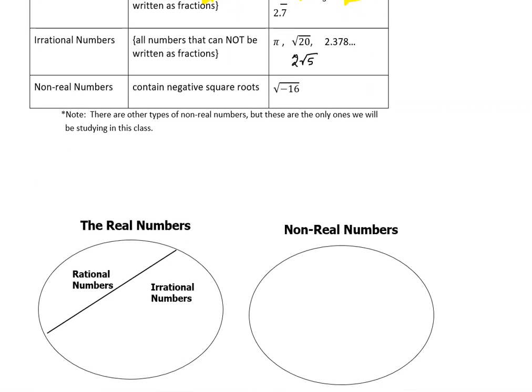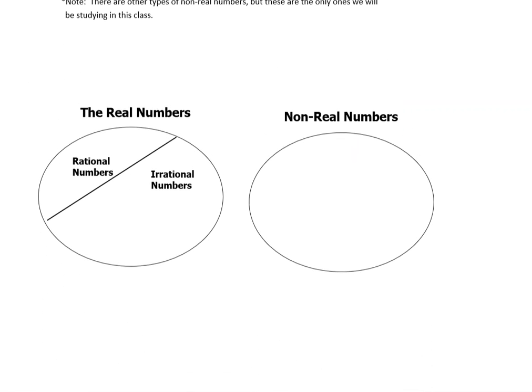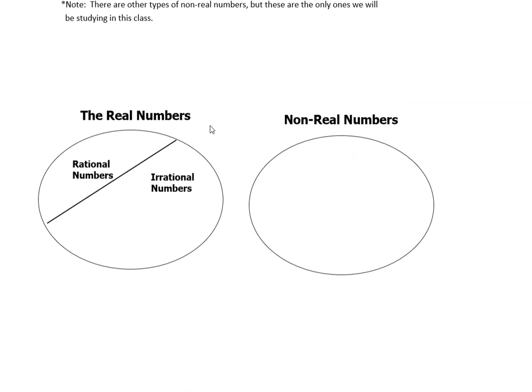It sometimes helps to think of your classification as a Venn diagram. You have the real numbers in this set over here on the left of your screen and non-real numbers to the right. There's no overlap. Either a number is real or it's non-real. And it looks like in my picture that they're about the same amount of each, but there's not.